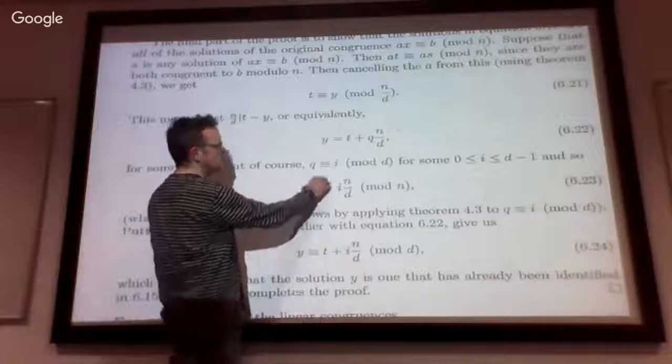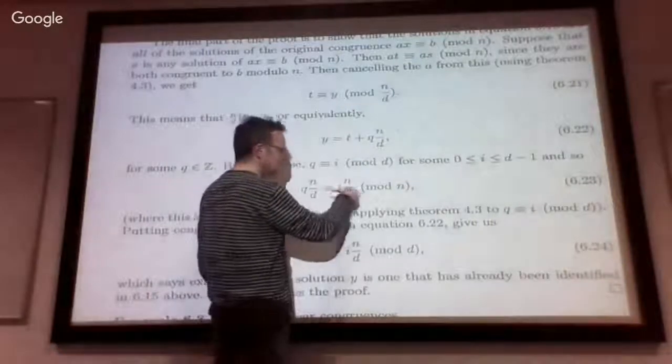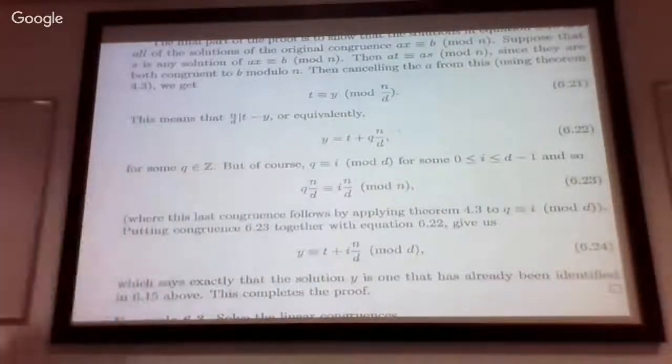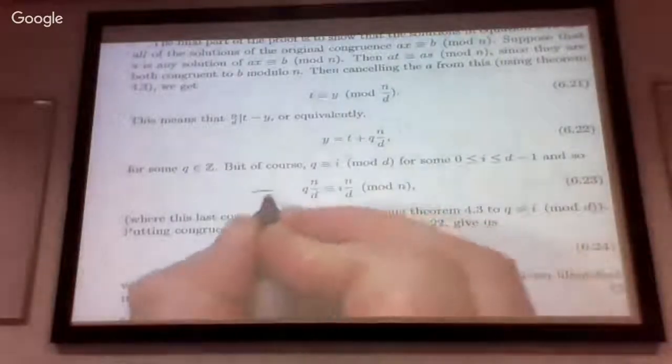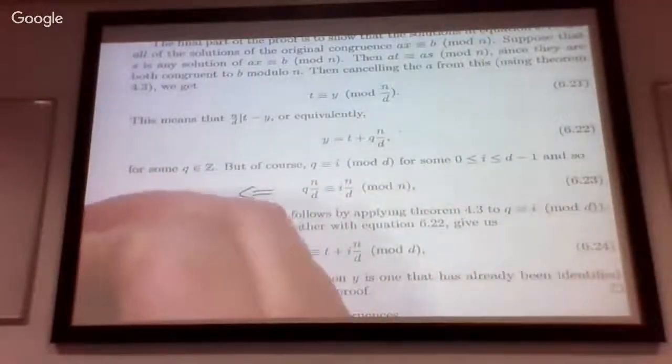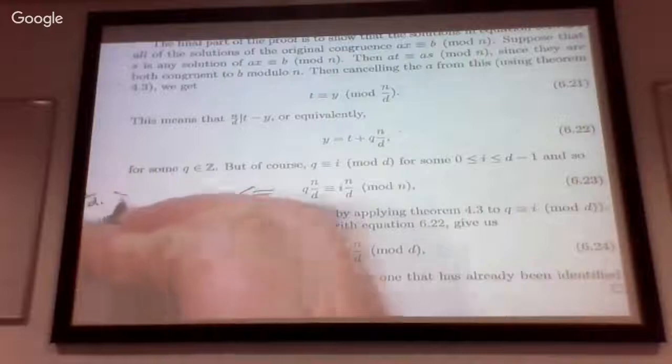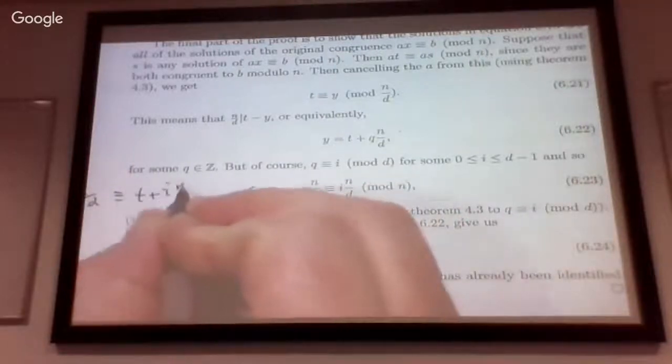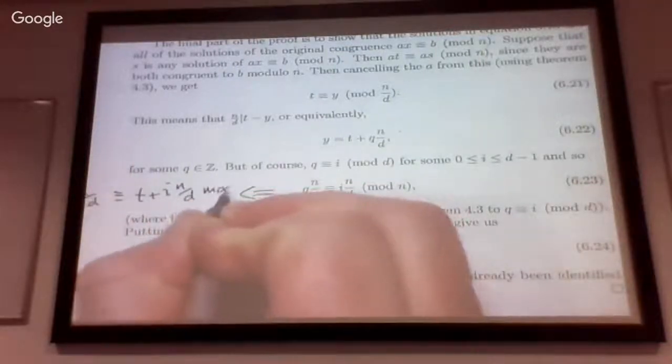So T plus Q N over D will be congruent to T plus I N over D modulo N.